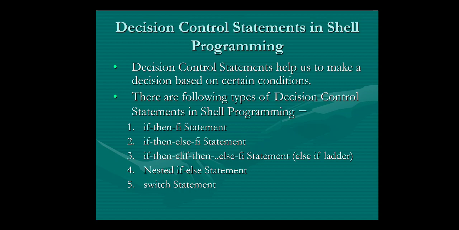Second is the if-then-else-fi statement. Third is the if-then-elif-then-else-fi statement, which we can call the else-if ladder. Fourth is the nested if-else statement, and fifth is the switch statement. One by one we will learn these decision control statements.